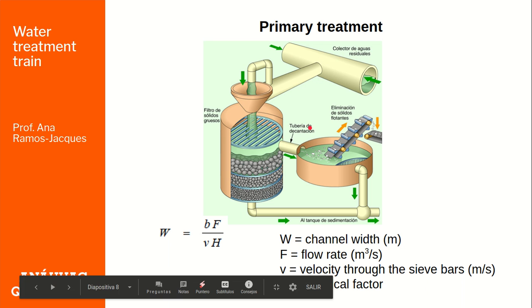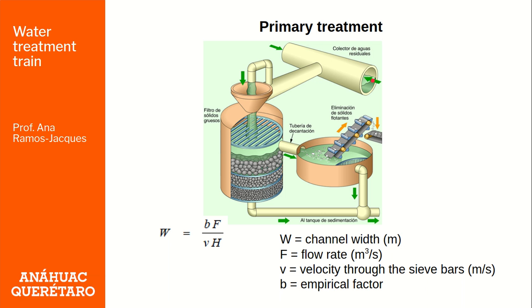This is the collector of wastewater, which then enters the container, and then is filtered by this mesh, and then you have the decantation exit, and you eliminate all those solids that are floating.